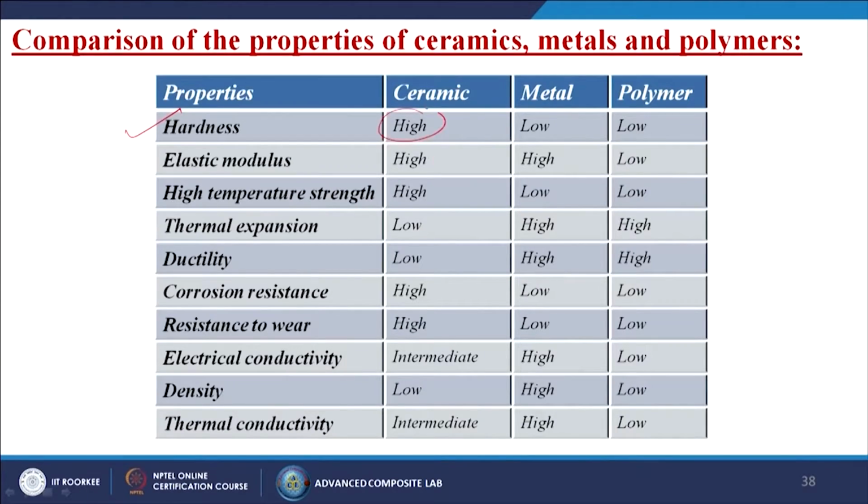Now, we are going to give a brief idea about ceramics, metals and polymers in terms of different properties. If we talk about hardness, ceramic is very high, metal is low and polymer is also low.